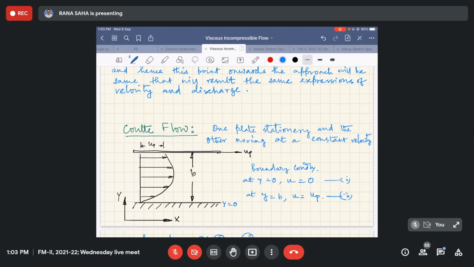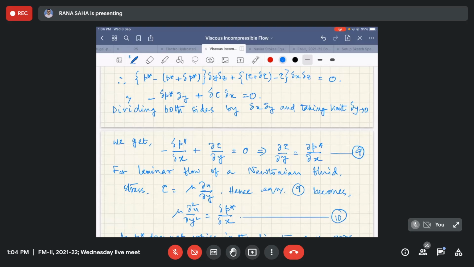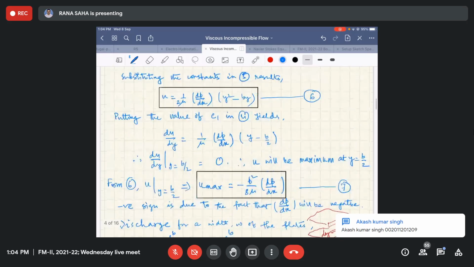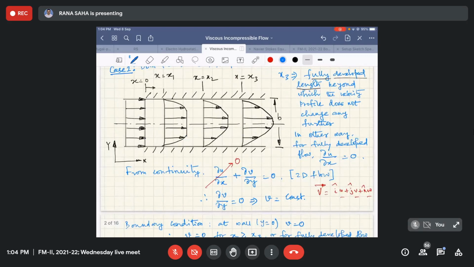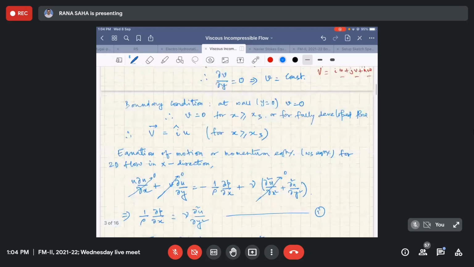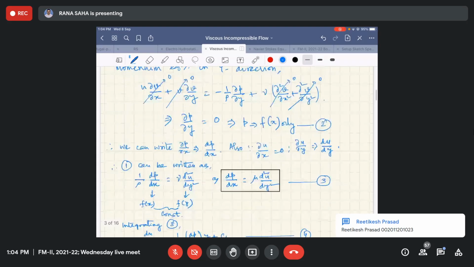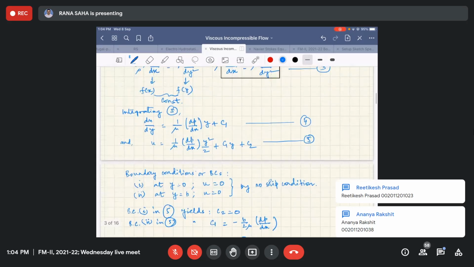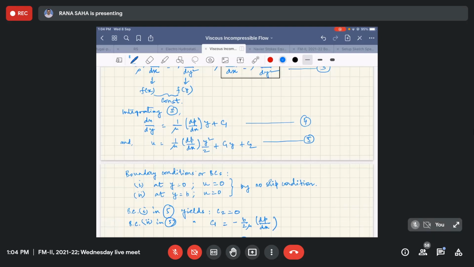If you look into the flow through parallel plates where both the plates are stationary, referring back to this figure once again, here you can see at y equals 0 as well as at y equals b, the velocity u equals 0.